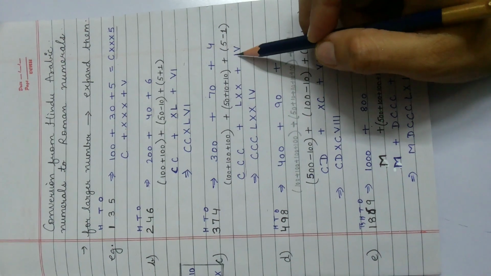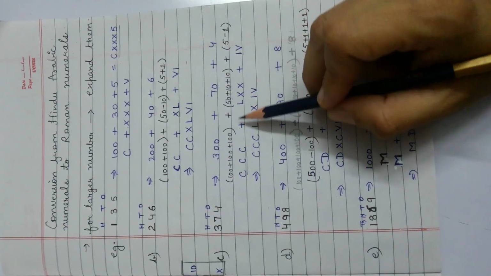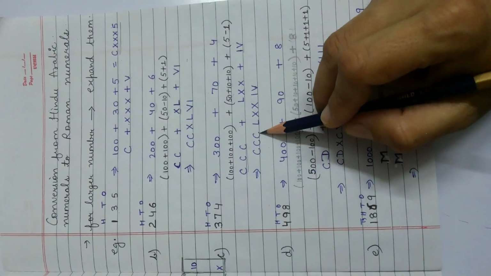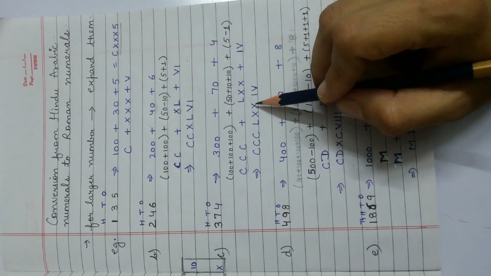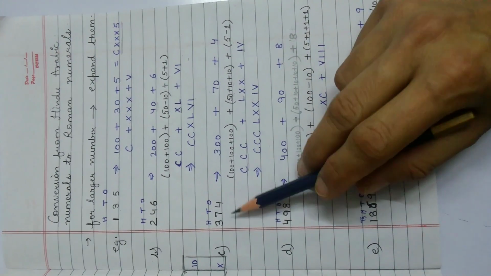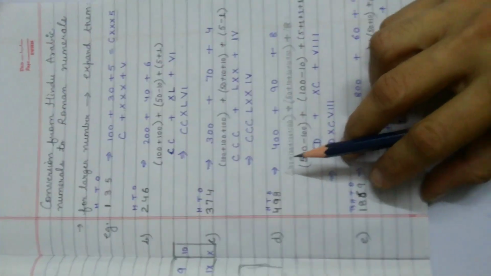That means 5 minus 1, so it becomes 4. Now let's combine it together. It will be C, C, C, L, X, X, I, V, and the number is 374. Let's take this example.